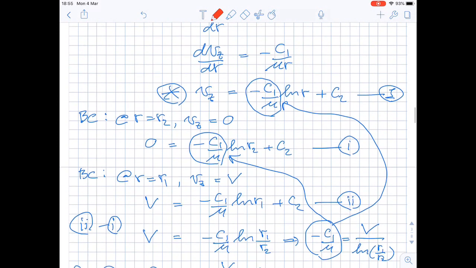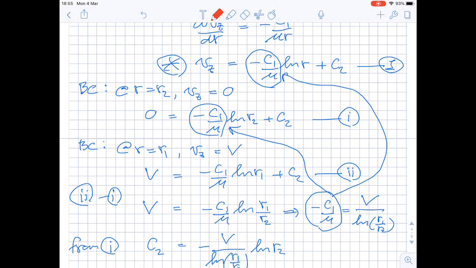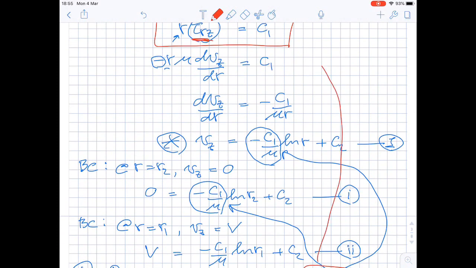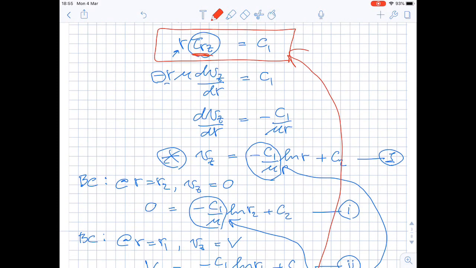If you search, you get C1 already over here. So if you take C1 and plug it back to this equation, you can get the shear stress profile.